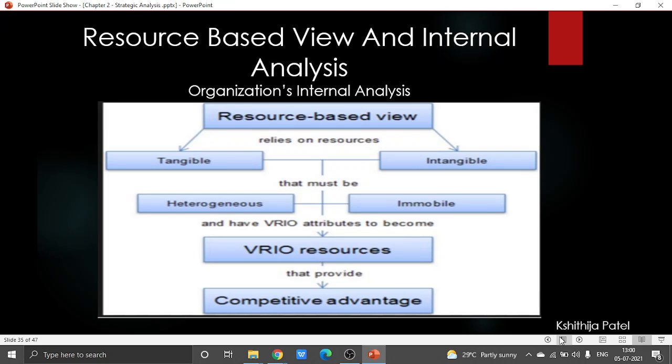The main aim of this resource based view, or trying to understand the internal analysis of the organization, is that by doing such analysis, they shall see to it that competitive advantage is brought to the business organization.